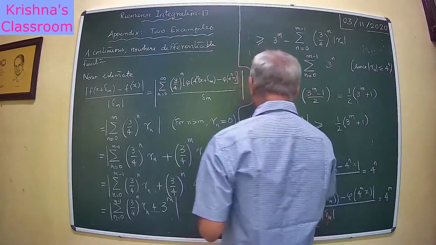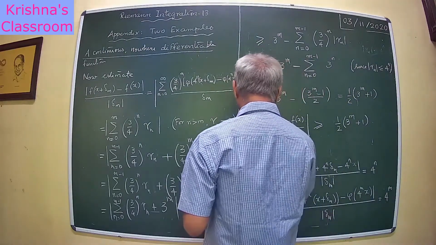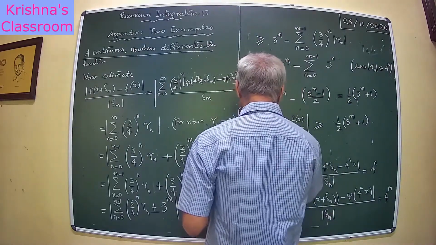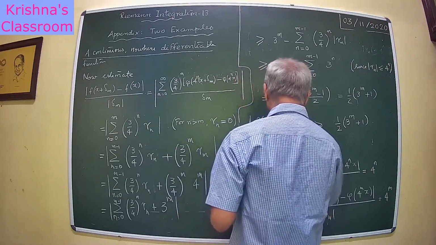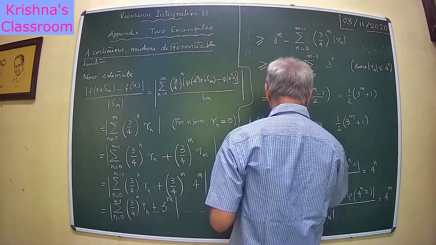Now as m tends to infinity, delta m goes to 0.